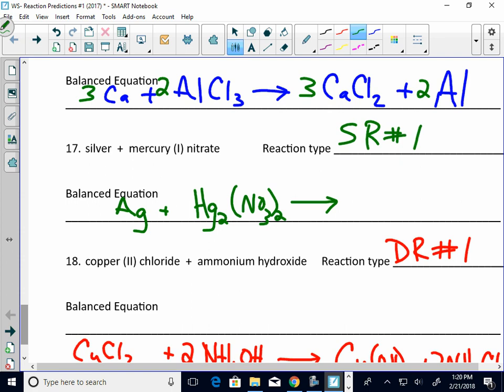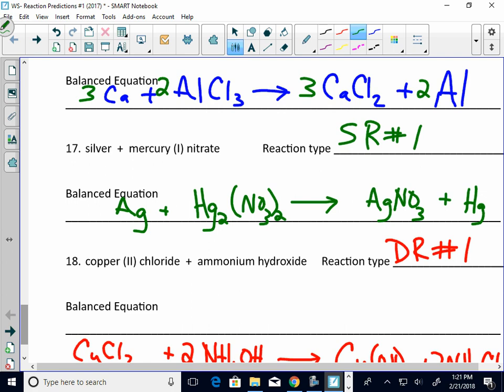So, will silver replace mercury? Well, there's not a whole lot that silver will replace. But guess what? Mercury is one of them. So, I'm going to get silver nitrate and mercury is going to be released.